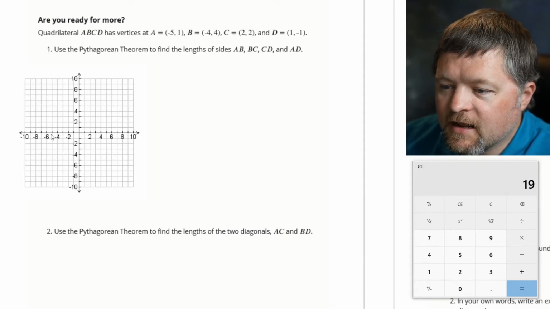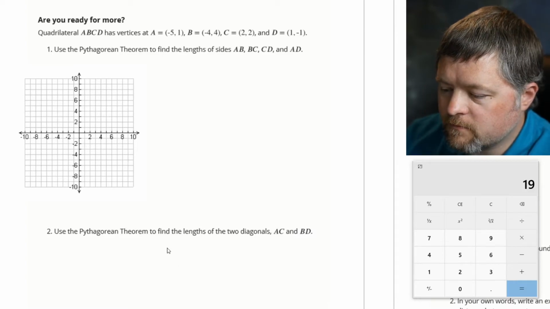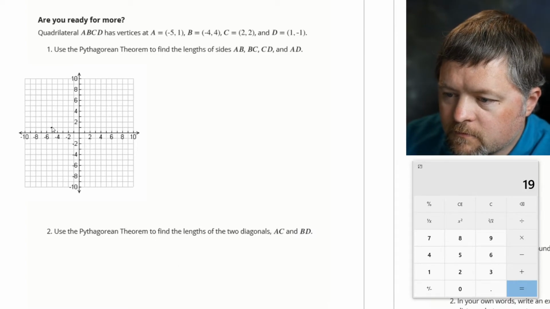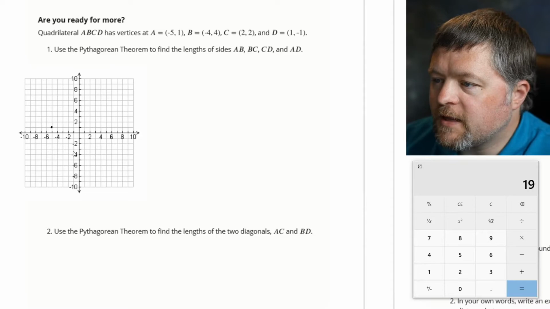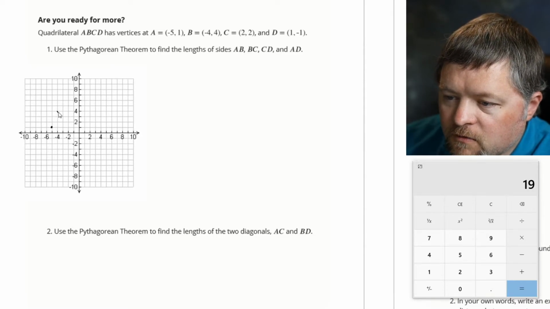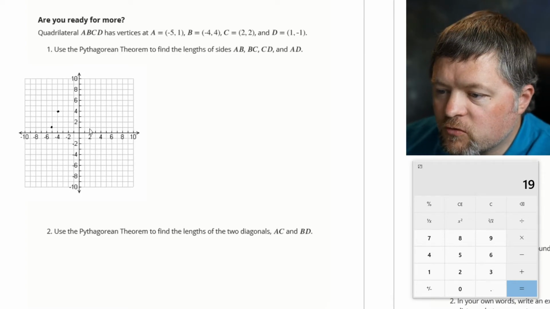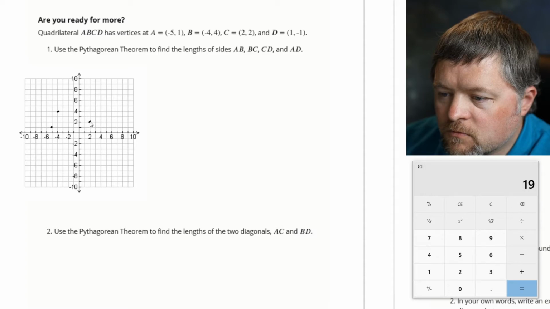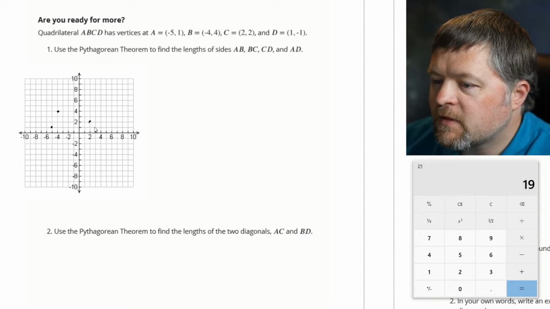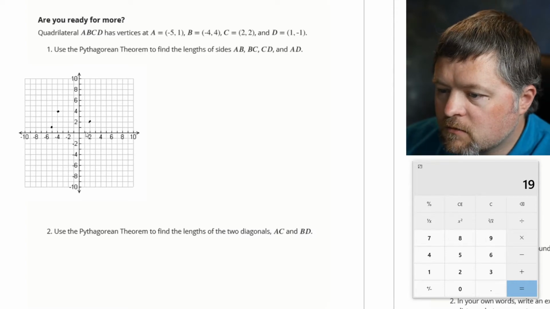A is at -5, 1. B is at -4, 4. C is at 2, 2. And D is at 1, -1.